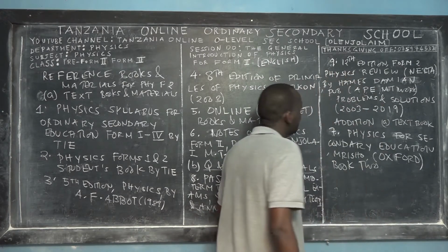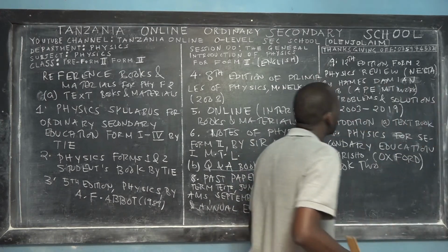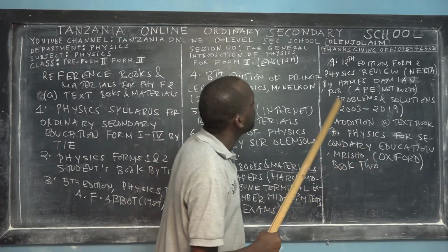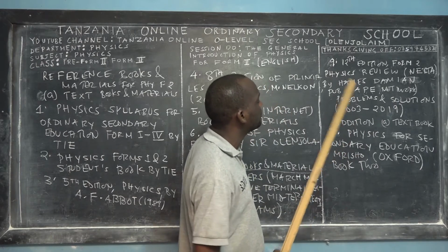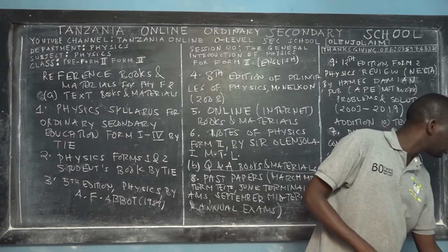It's a beautiful book, right? It comprises questions from Nectar, and also Hermes Damians publishes Apenetric, Problems and Solutions. It comprises 16 past papers from 2003 to 2019. This also is a reference book.